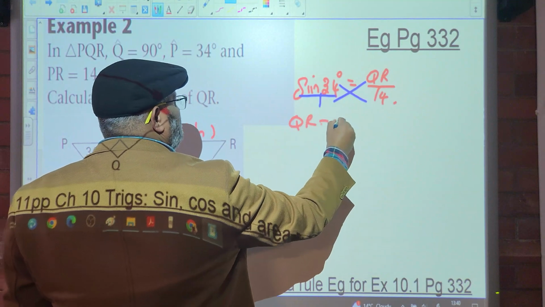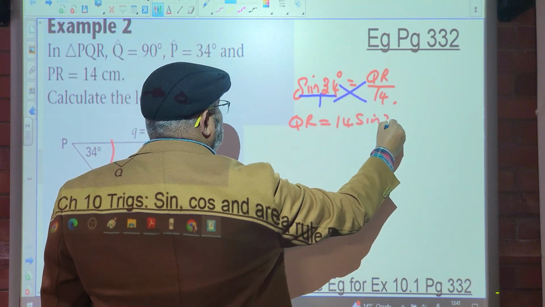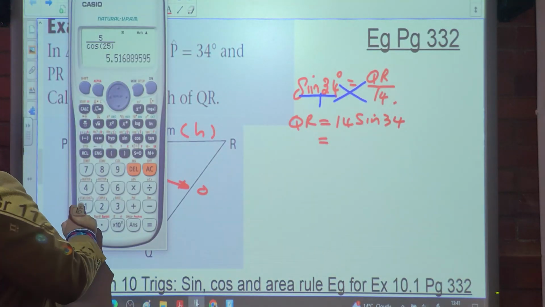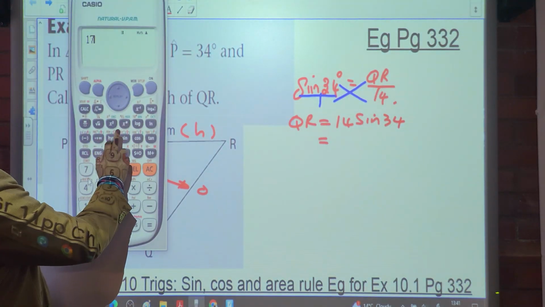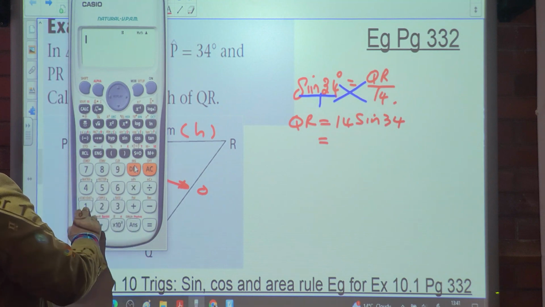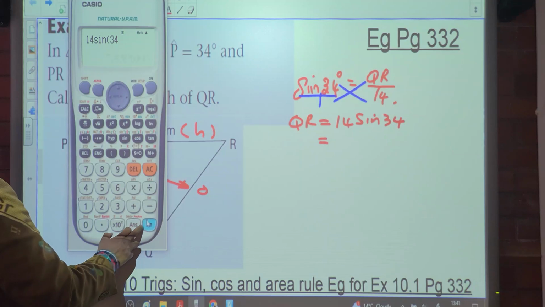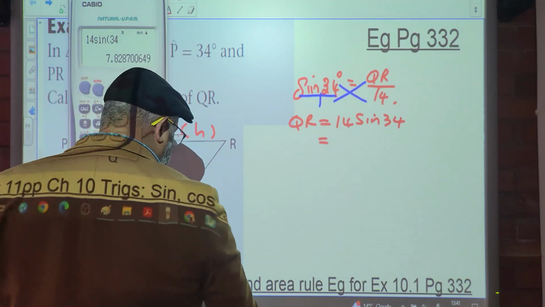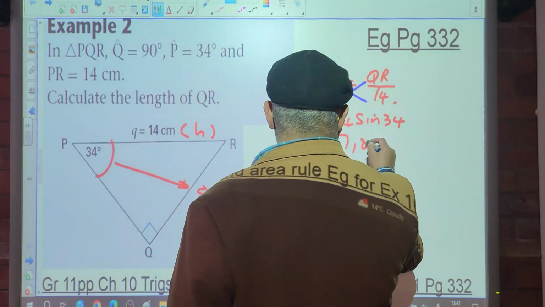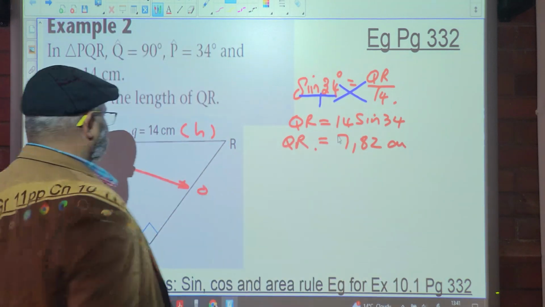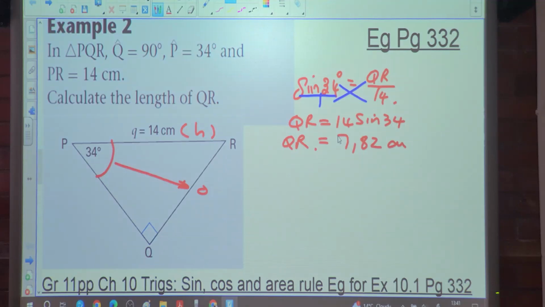So QR is equal to 14 sine 34 degrees. Then your calculator says 14 sine 34 degrees gives us 7.82 centimeters. Is that correct? Any confusion there?